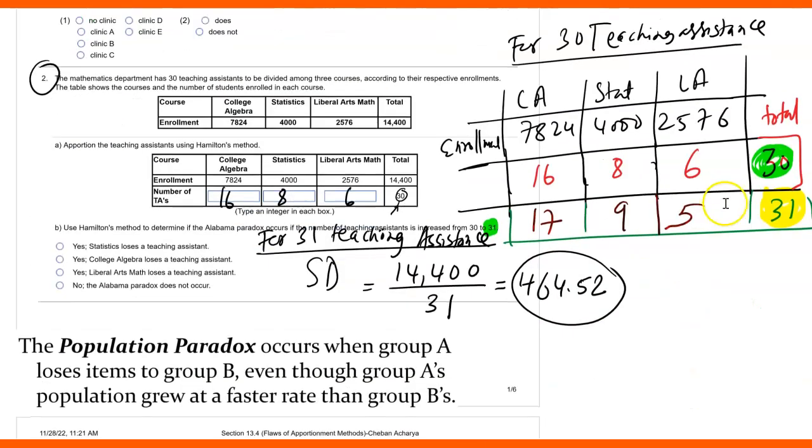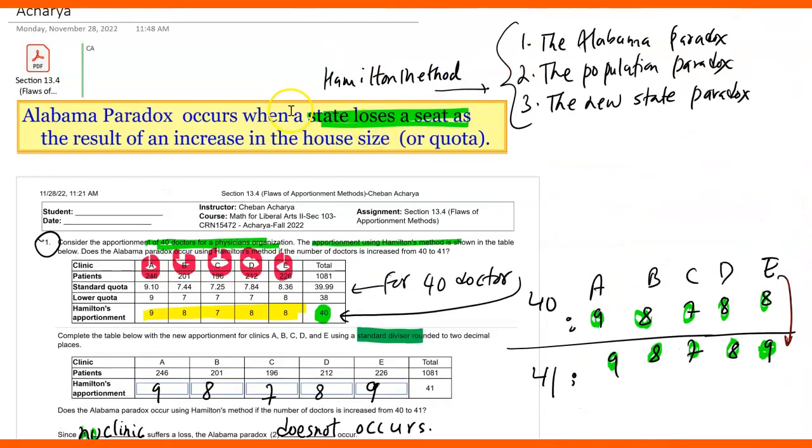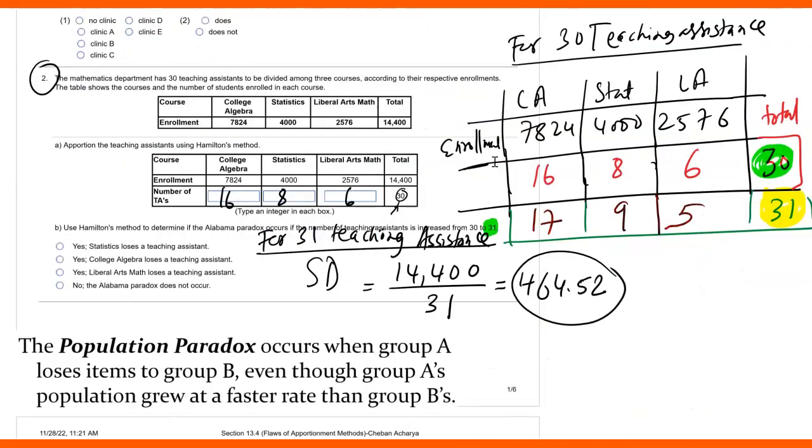Okay, now we have the Hamilton method apportionment for 30 and 31 teaching assistants. Now let's compare. The question is, does any group lose an item? Look at the liberal arts. Liberal arts math loses the quota.